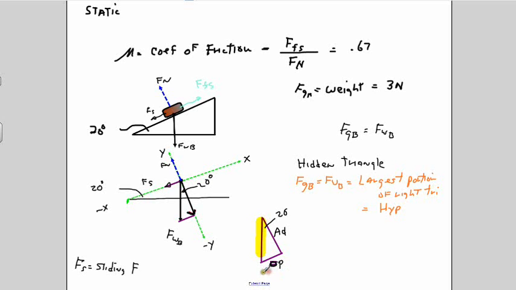Down here on the bottom, this will become our force sliding. And we've got to determine what the force friction will be going in this direction up here.